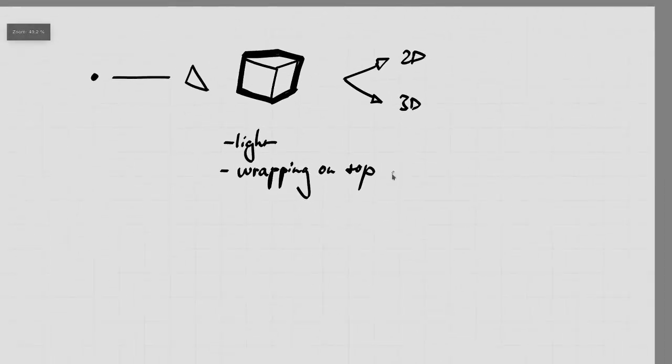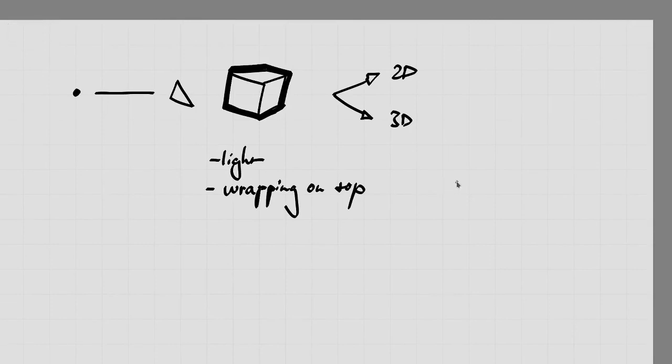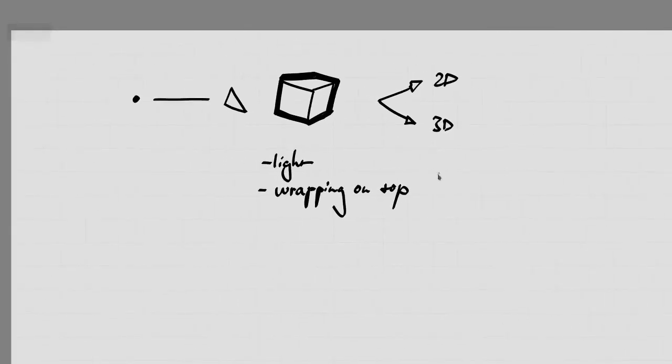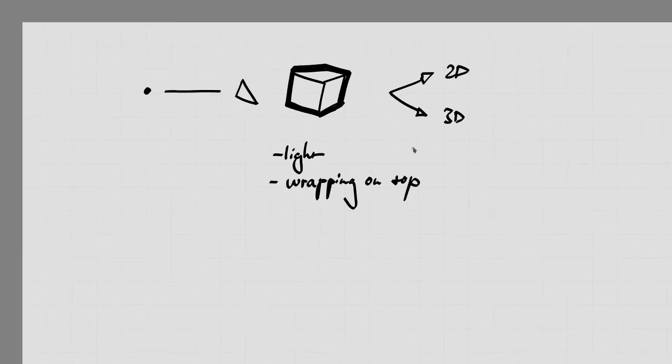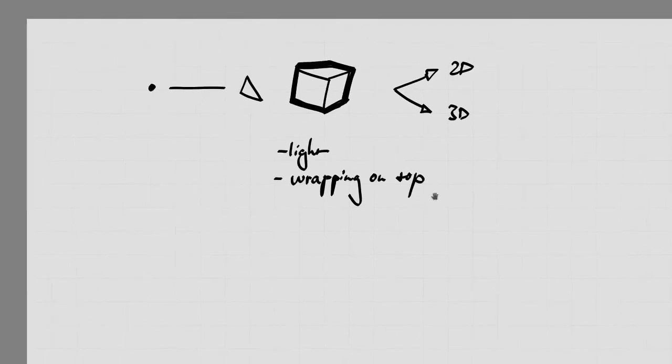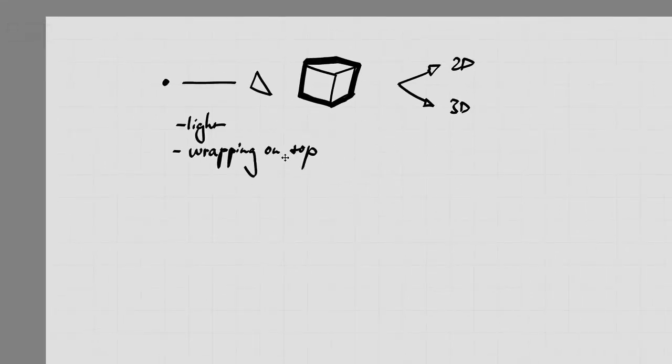You can wrap belts or shoes and jewelry around your characters. You can wrap arrows around your forms, which you'll hopefully do for today's exercise. And it's a very powerful tool for making drawings look 3D. And making works 3D is a good skill to have.